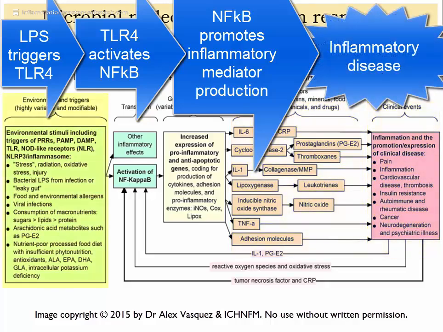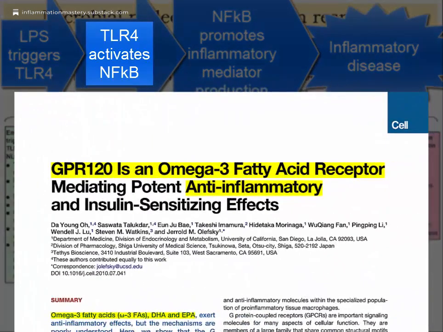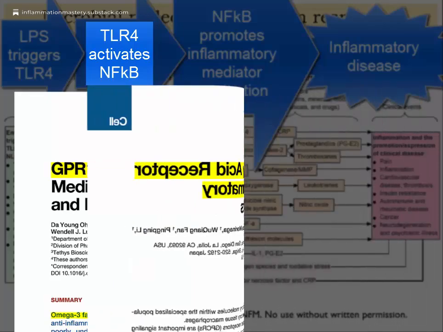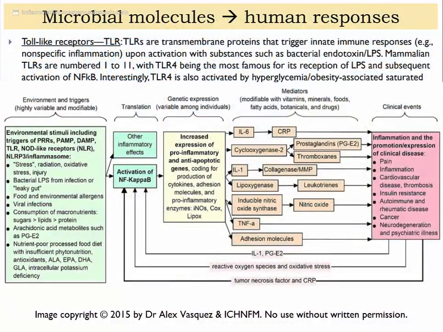So what we can do with this clinically, in addition to looking for the triggers of this inflammatory response, is actually interfere at this level, for example, by using fatty acids and certain nutrients to downregulate the excessive response of these toll-like receptors in their activation of NF-kappa B. We can also use a variety of nutrients to directly inhibit or modulate the NF-kappa B response. And of course, we can always continue to go downstream and use certain nutrients, botanicals, or pharmaceutical drugs to block the reception and release of those inflammatory mediators.